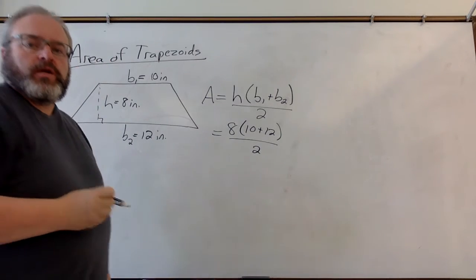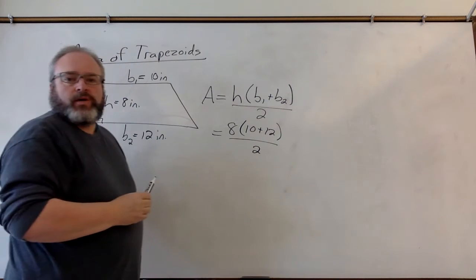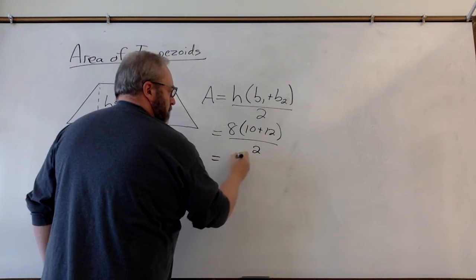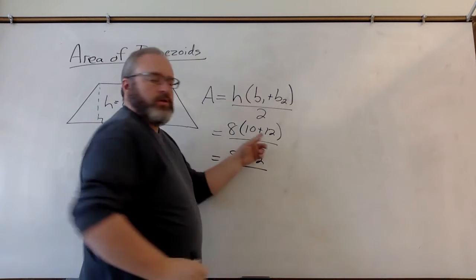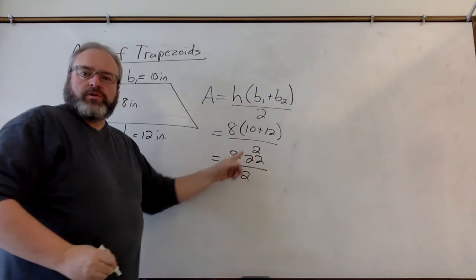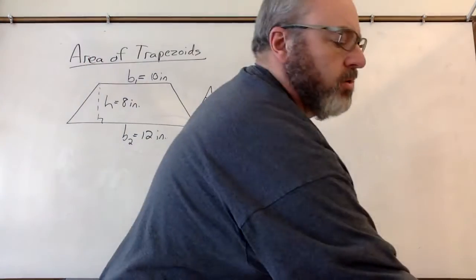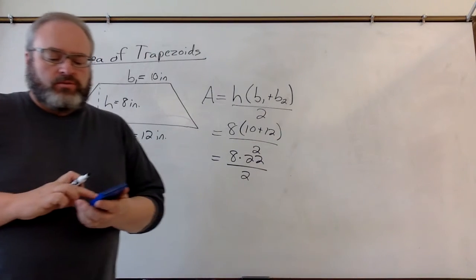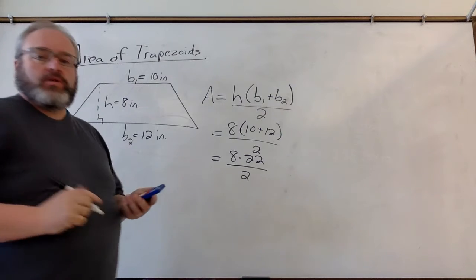So first thing we're going to do now is we're going to do what's in the parentheses. So we're going to add 10 plus 12. Ten plus 12 is 22. I bring the 8 down, I bring the divide by 2 down. Next we're going to multiply our 8 times 22, which is 176.